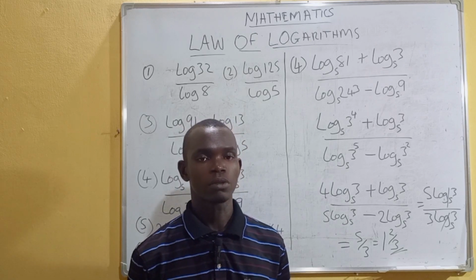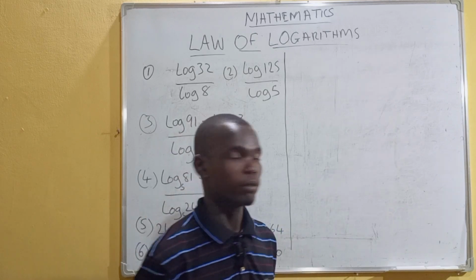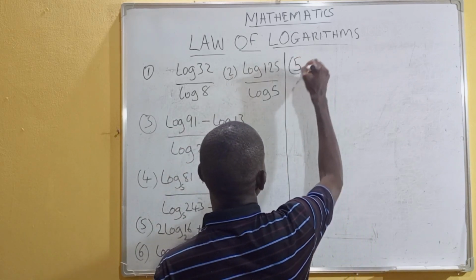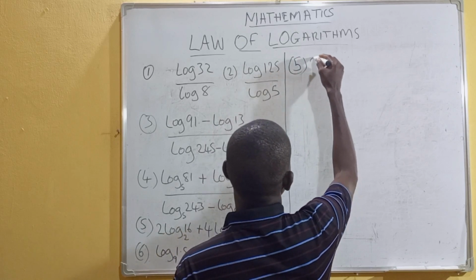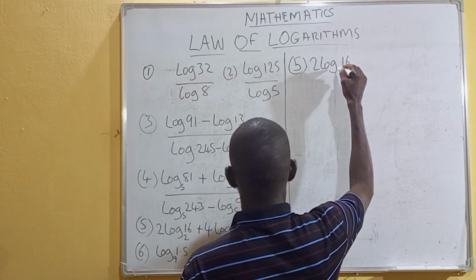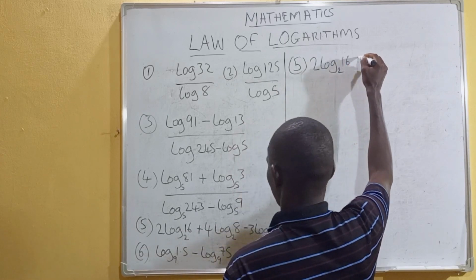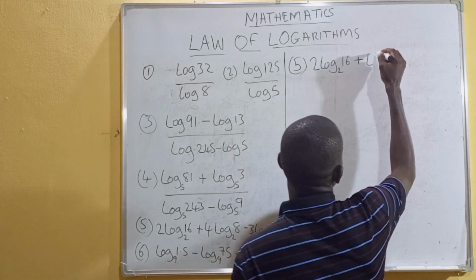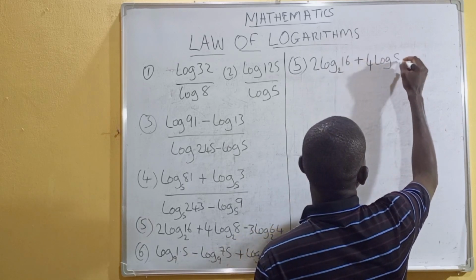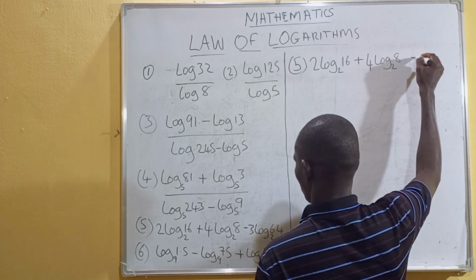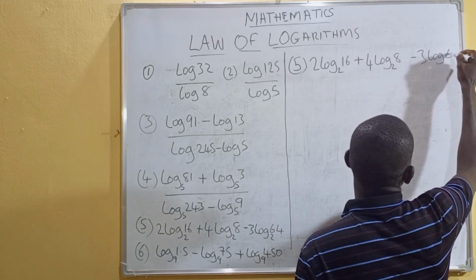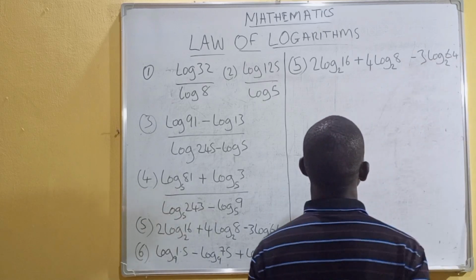Let's calculate the one of question 5. Question 5. We have 2 log 16 to base 2 plus 4 log of 8 to base 2 minus 3 log of 64 with a base 2.